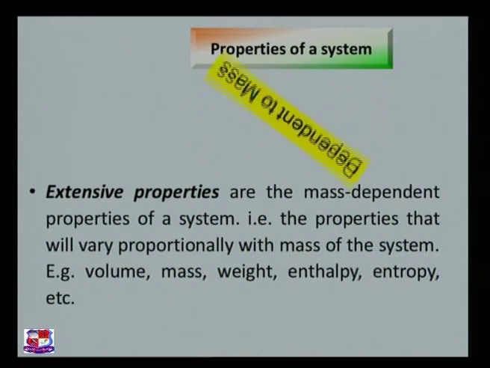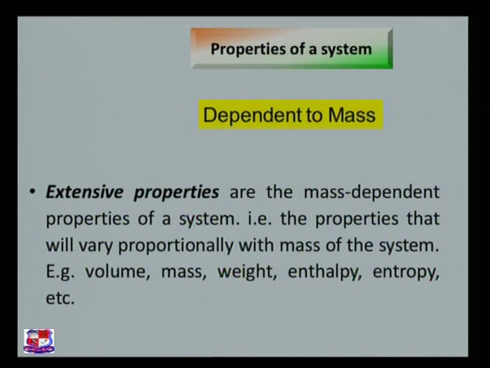Now first is extensive property. It is defined as the mass dependent properties of a system, meaning the properties which depend on the mass. If mass varies, the property varies.